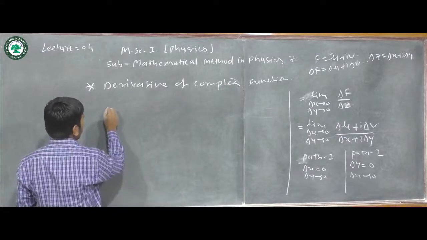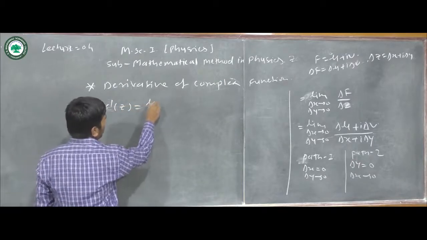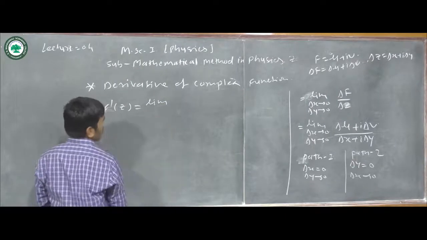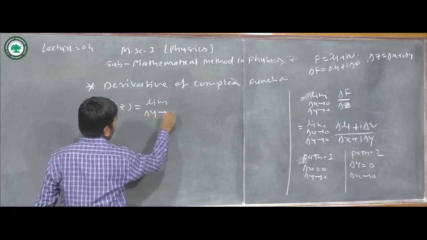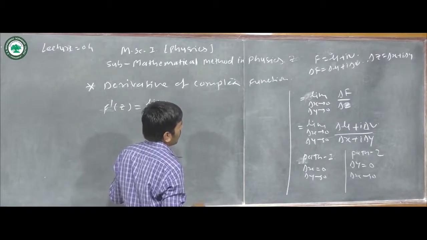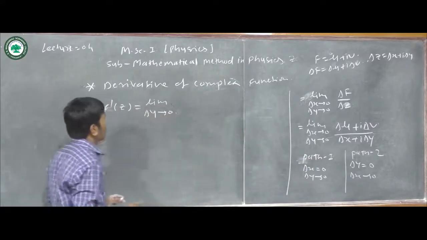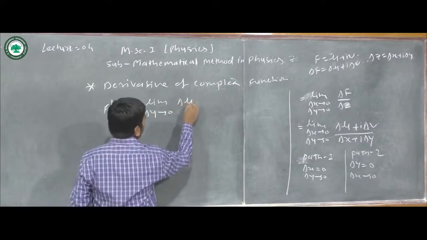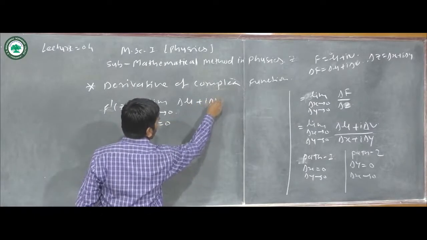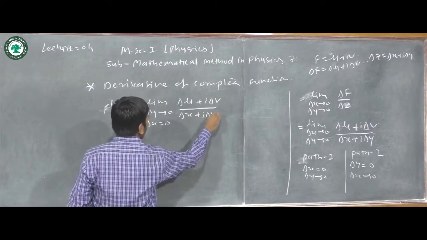So for the first path, f prime z is equal to the limit as del y approaches 0, where I already consider x equal to 0, of del u plus iota into del v divided by del x plus iota into del y.